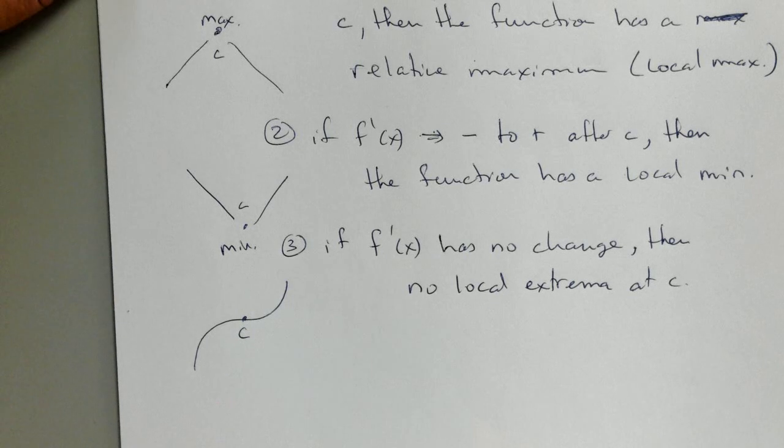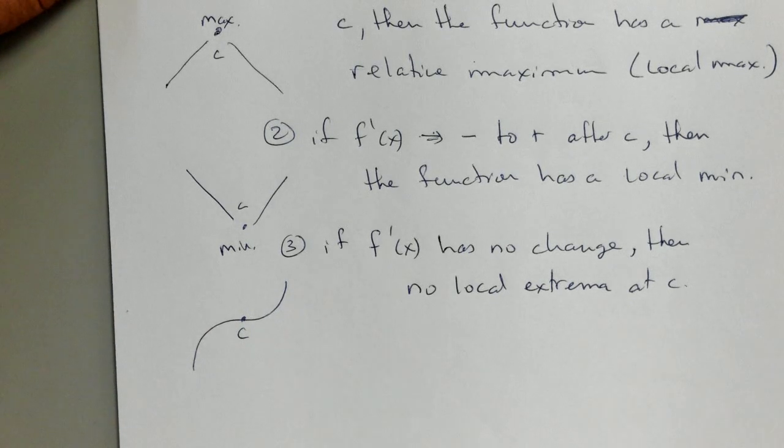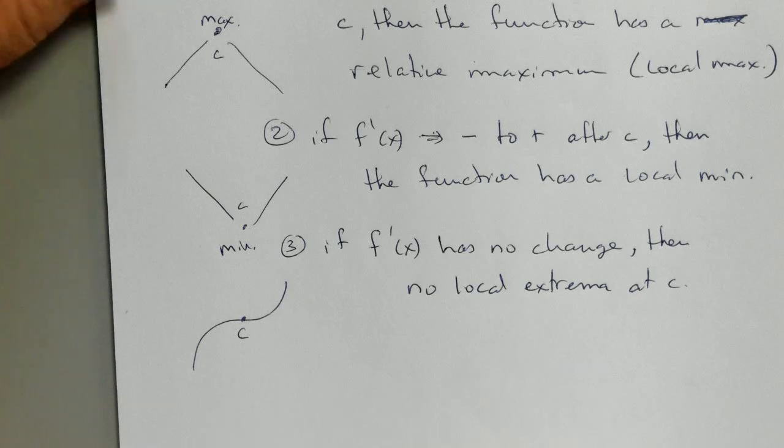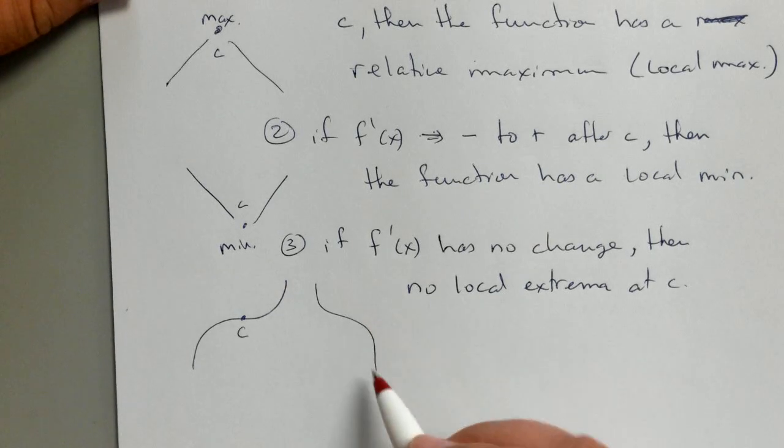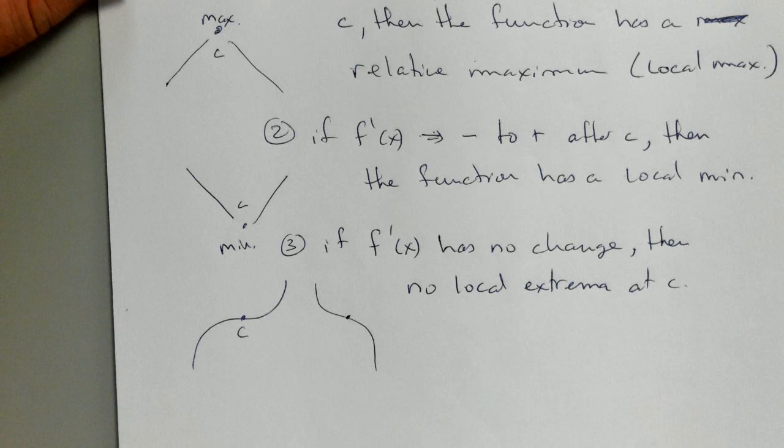C could be there, but it's increasing on both sides. Therefore, you have no maximum, no minimum there. Likewise, if it's a decreasing function at C, there is no local maximum or minimum.